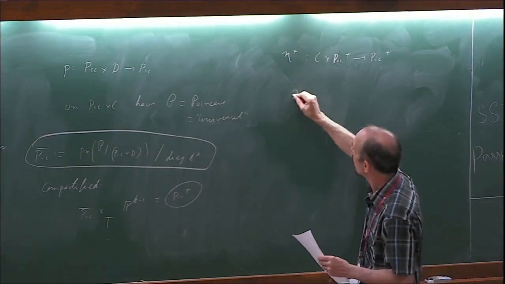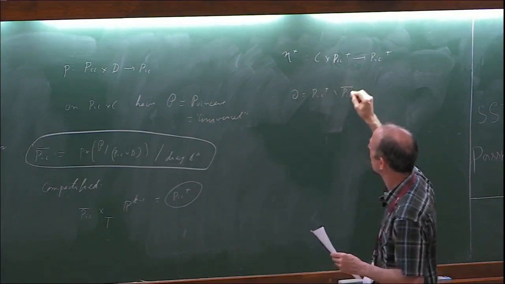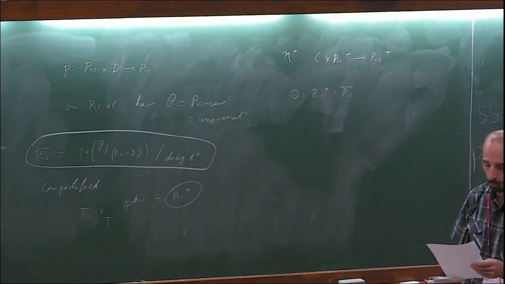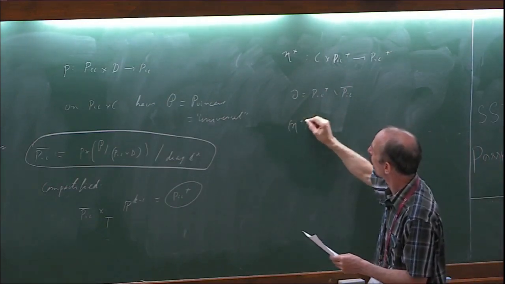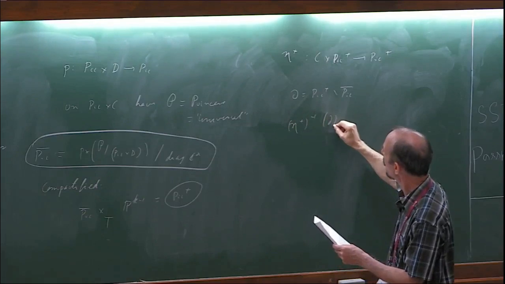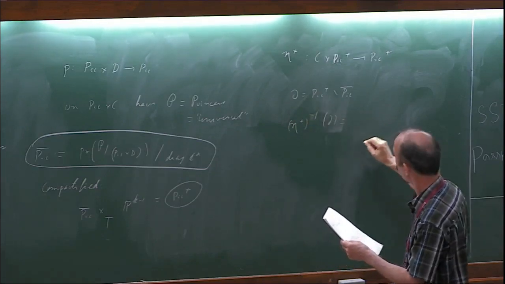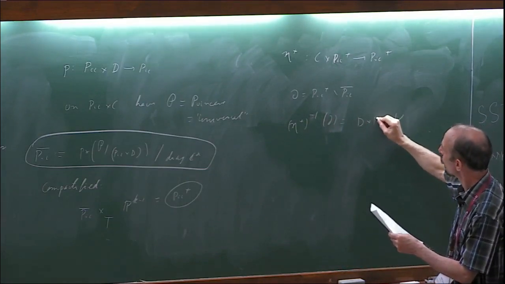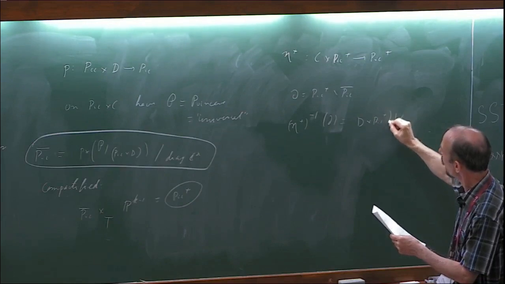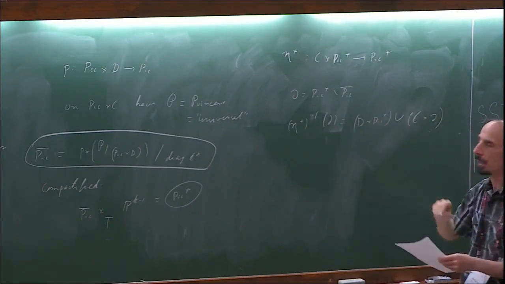And if del is the boundary, it's Pic plus minus Pic bar. So that's the stuff that we had to add. Then you can convince yourself that eta plus inverse of del is the union of two things. One is D cross Pic plus, and the other is C cross del.